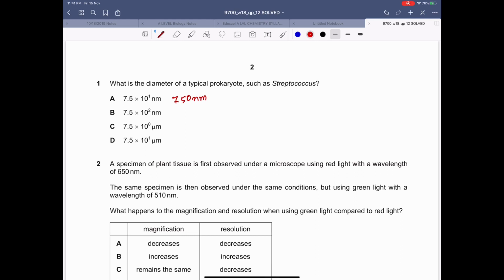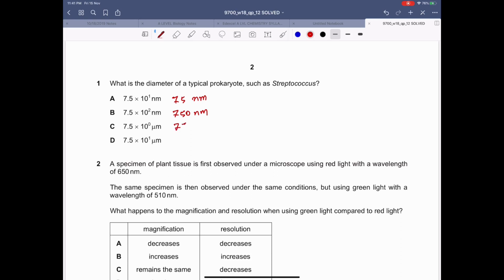So option B, 7.5 into 10 to the power of 2 nanometer, is 750 nanometer.